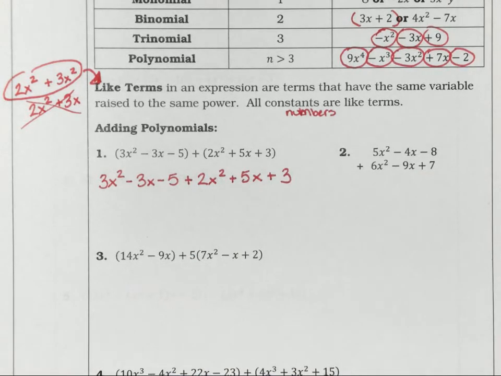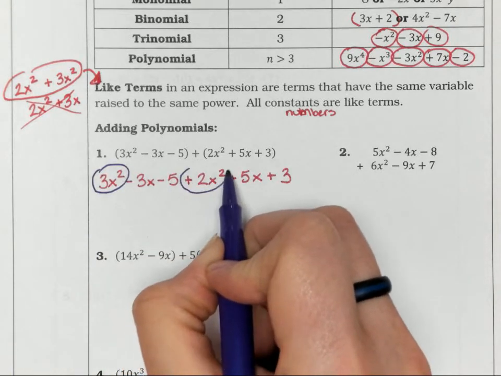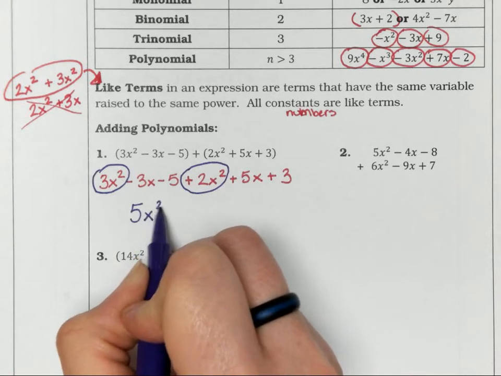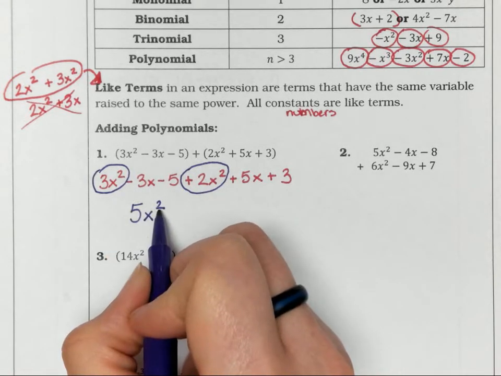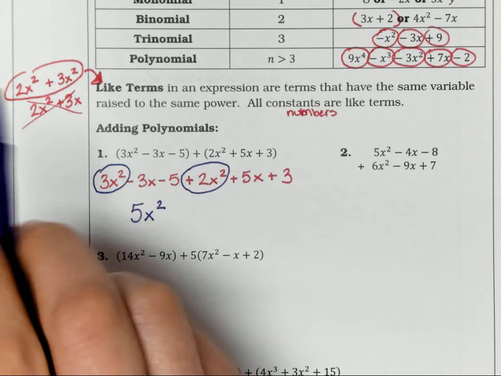And now all I want to do is add up my like terms. So my like terms have the same variable and the same exponent. So there I have 5x squared. We're adding, which means the exponent stays the same, and I just add the coefficients out in front.